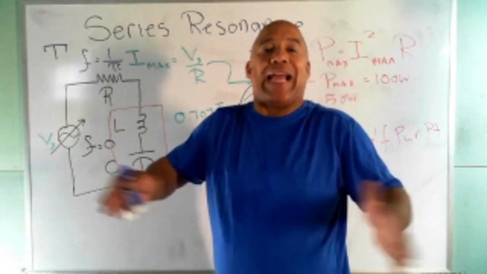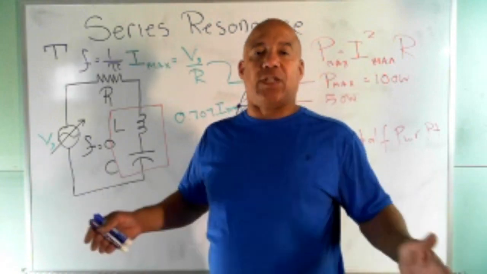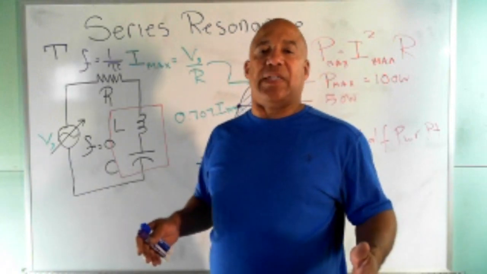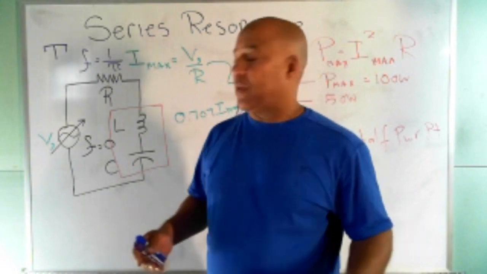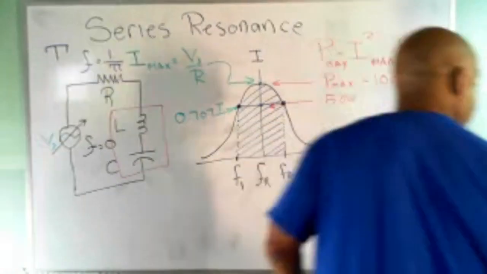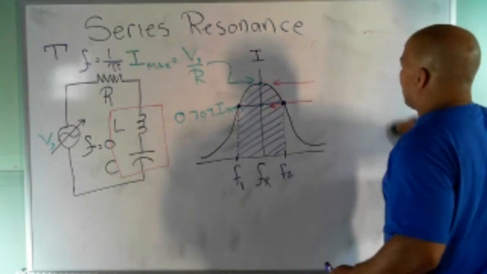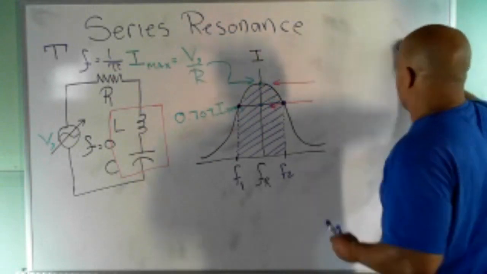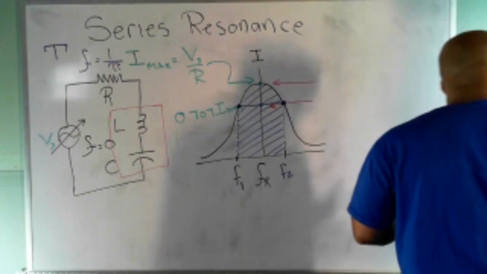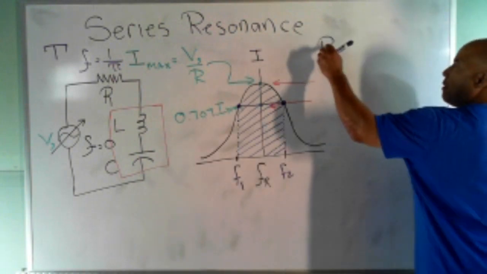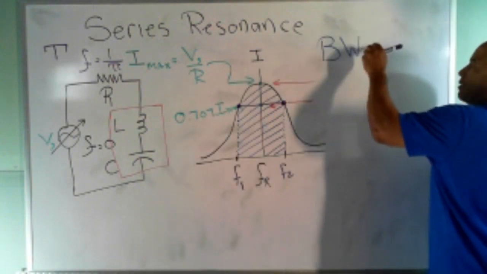We always deal with a range of frequencies, and that range of frequencies is called bandwidth. And so let me put that on the board, bandwidth. And depending on what we're talking about, that bandwidth is important. So what is bandwidth? Well, we can calculate it here.